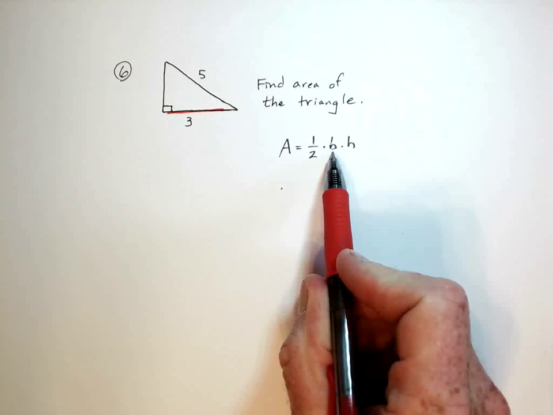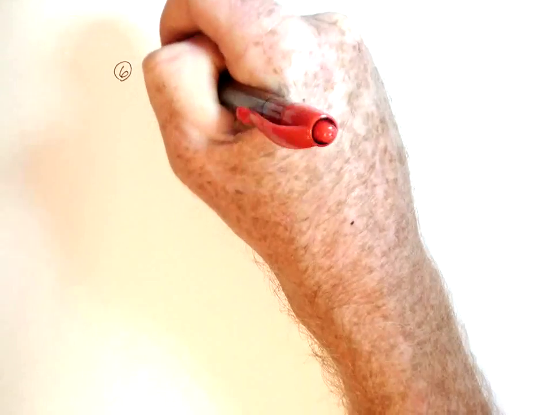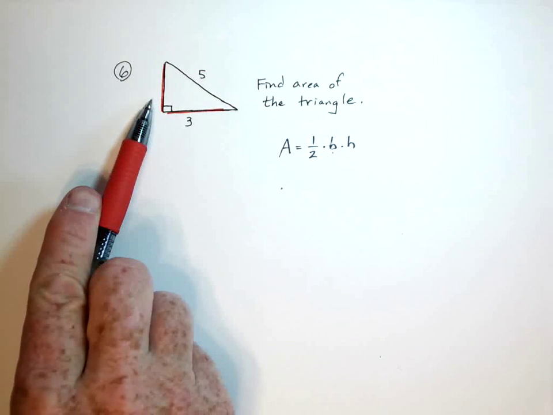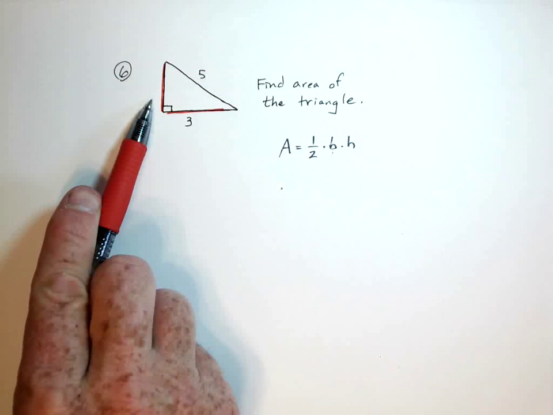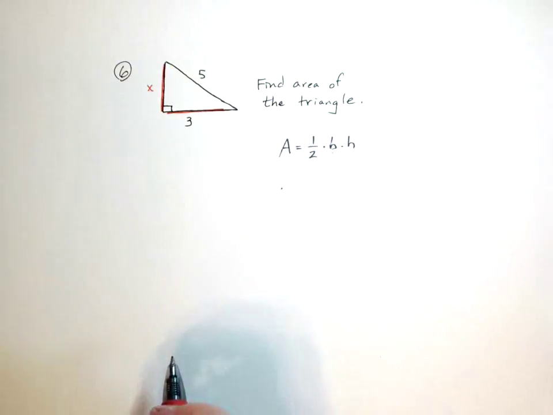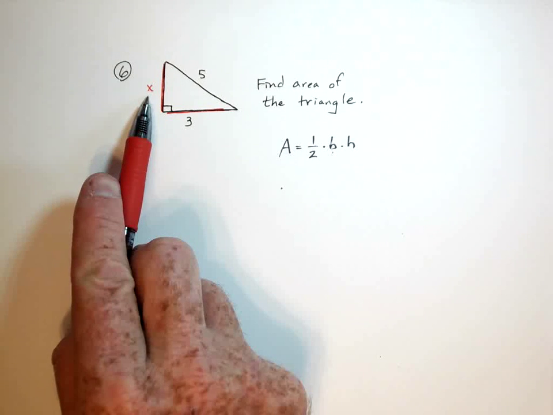So this is going to be the number 3. The height, though, would be going straight up. So that would be this side right here. And right now, this side is missing. So I'm going to have to do some other math from a couple chapters ago to find out what this side is. Right now, I'll just call it x.